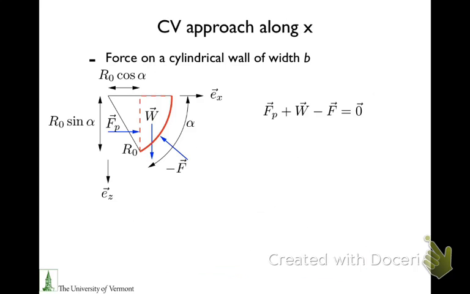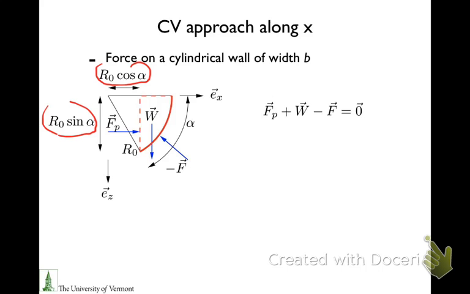Now let's calculate the same thing using the control volume approach, recognizing that we have a few quantities to add, like the height and the width of that triangle in black.